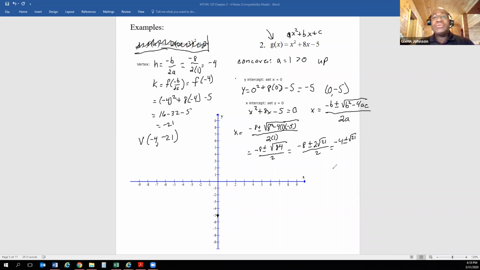So now if we look at the two solutions here, for negative 4 plus the square root of 21, if we calculate that, that gives us a value of approximately 0.6. I'm just going to round it to the nearest tenth.